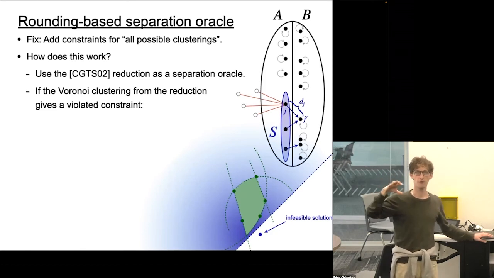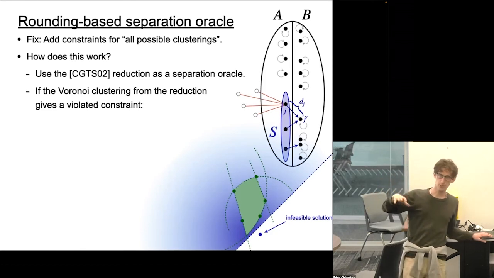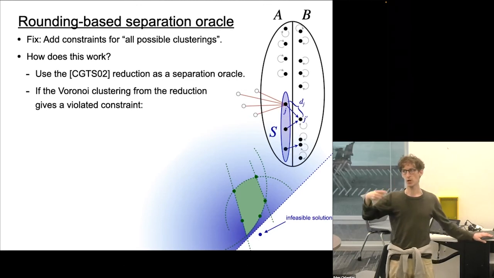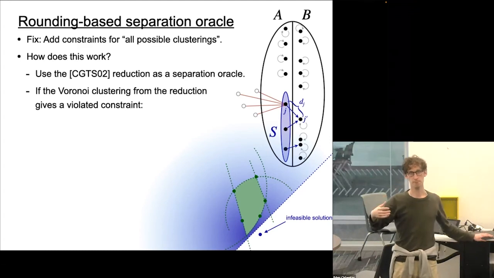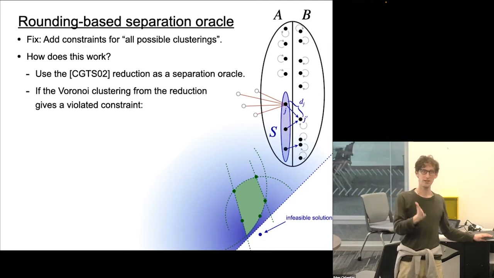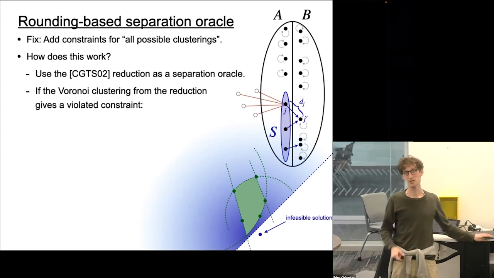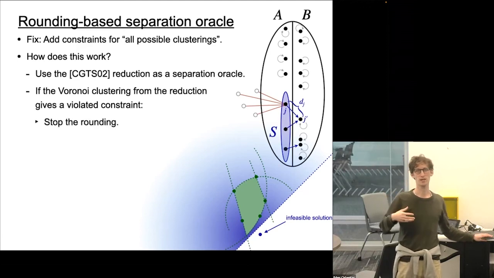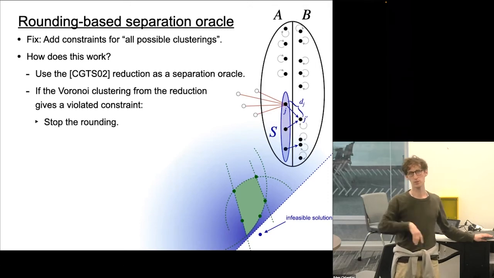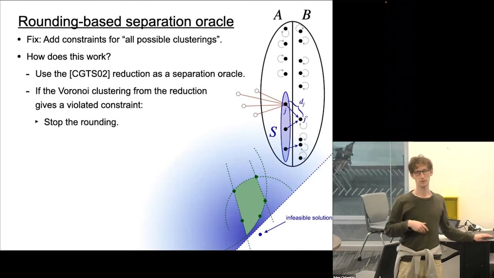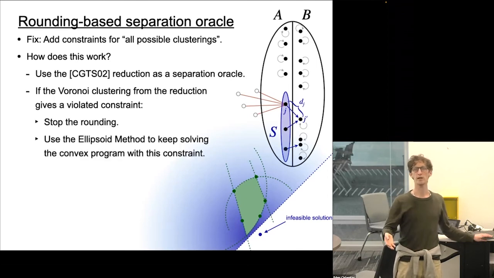If we have a violation of these constraints for the specific clustering that we got in this Charikar algorithm, then this is a violated constraint. This is a constraint that we could use in the ellipsoid algorithm to say, here's one possible instantiation of this general constraint which is violated, and we have a separating hyperplane, and we just throw away everything we did so far. We stop the rounding, we add this constraint to the ellipsoid algorithm, and then we try again.